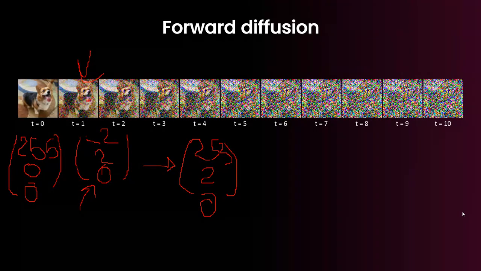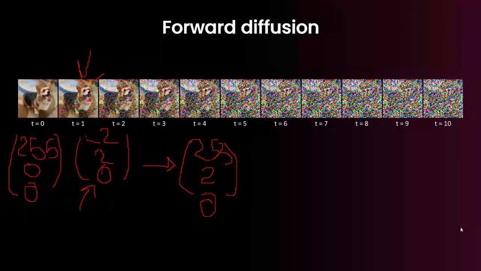If we repeat this process many times, maybe 1,000 timestamps, or like here 10 timestamps, the image becomes totally blurred and the dog completely disappears and we can't see anything. Like when your TV has a channel with a weak signal, it's fully blurred, you can't see anything.